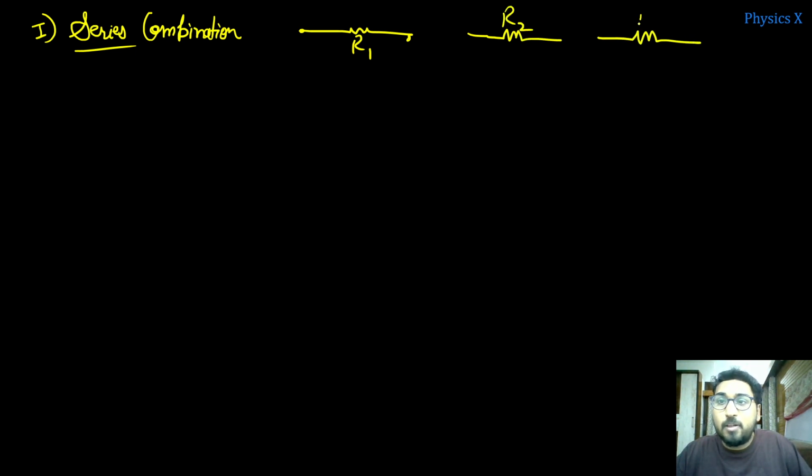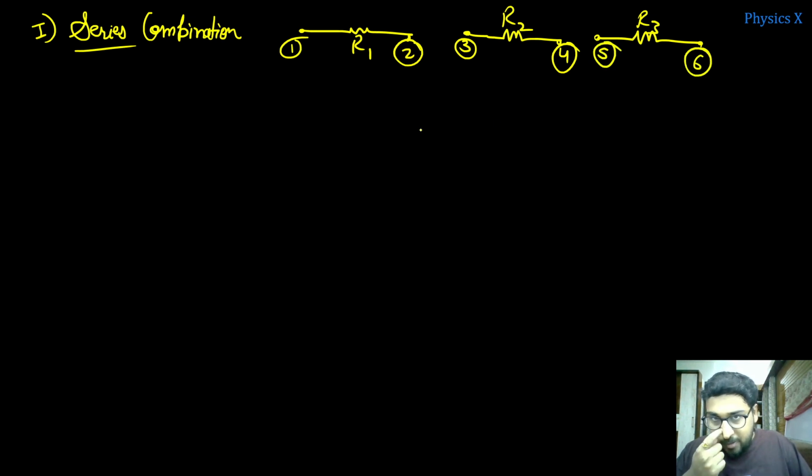So for a series combination, again, I will be considering, let us say these were my three resistors, and I will mark the terminals of these three resistors, right? Let us say this is the first and second terminal. These are the terminals of the resistor, right? So that I can explain to you how I am going to connect this, right? Now what happens?